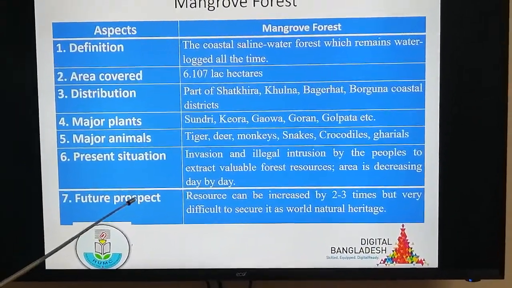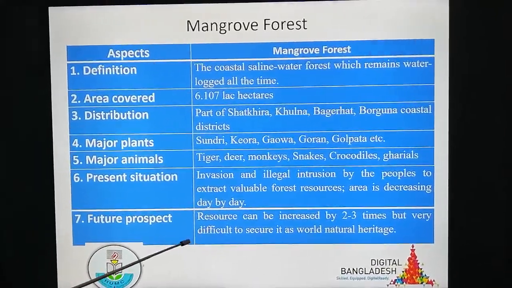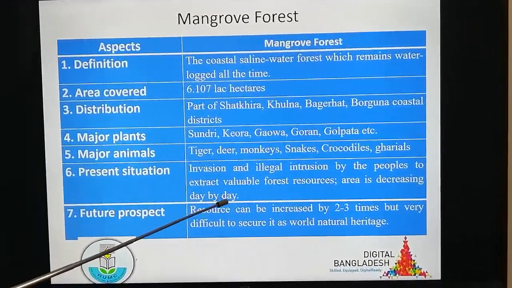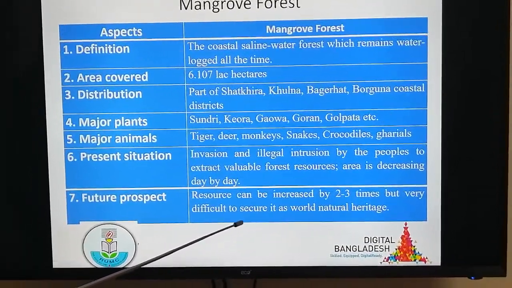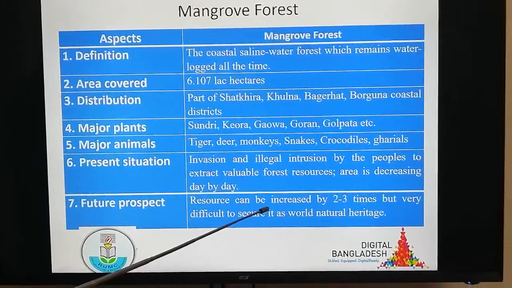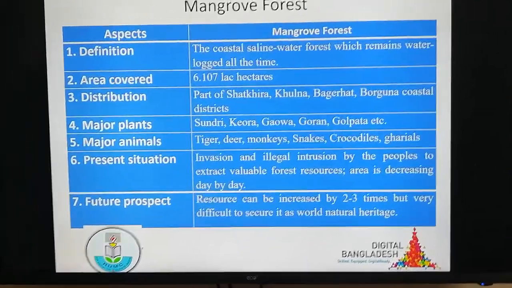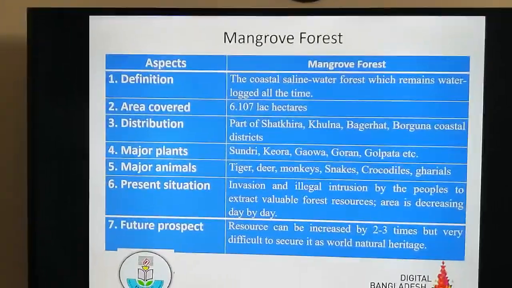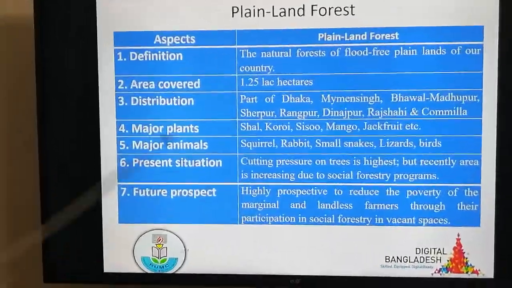What is the future prospect of this mangrove forest? Resource of this forest can be increased by 2 to 3 times, but it is very difficult to secure it as one of the best world natural heritage. Next, plainland forest.